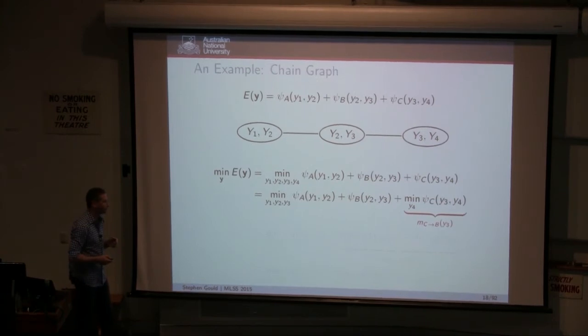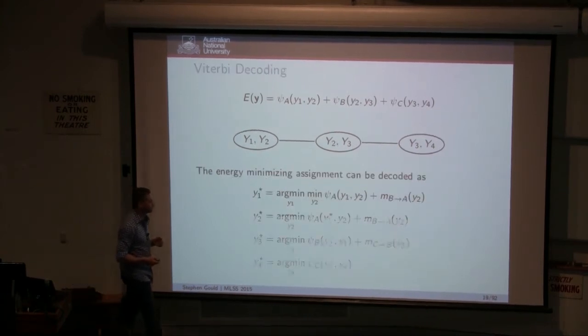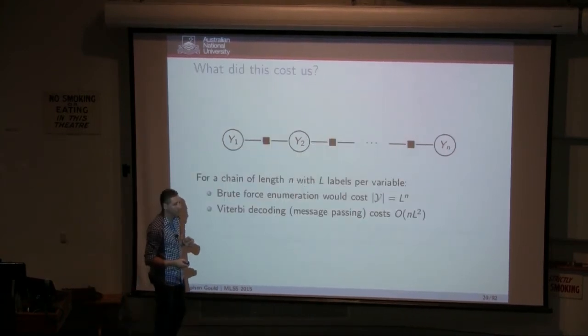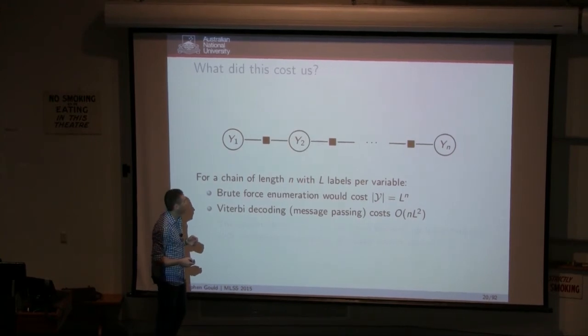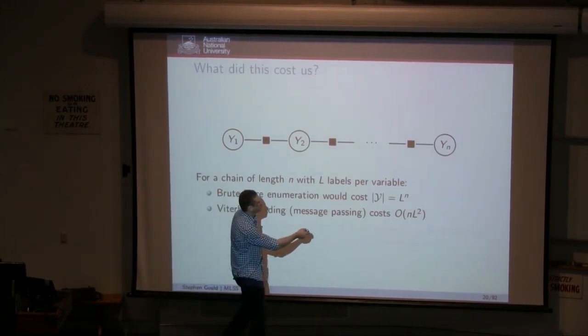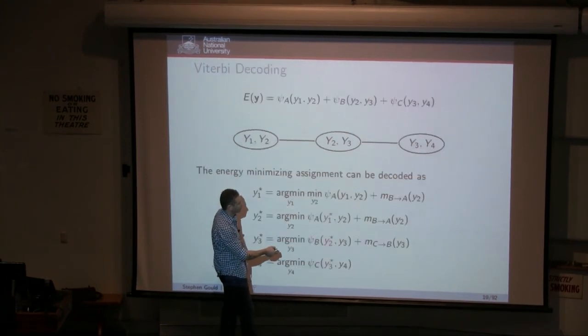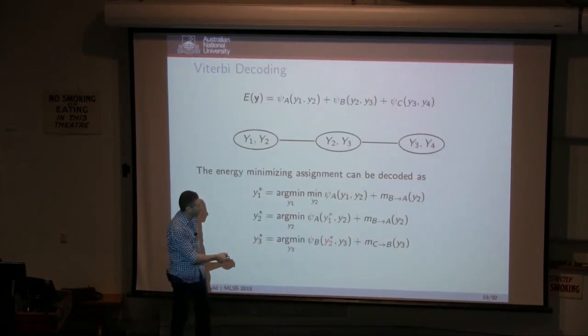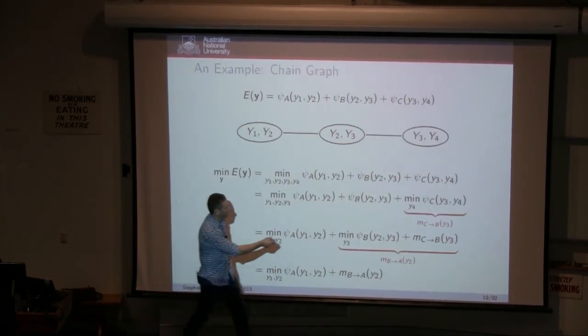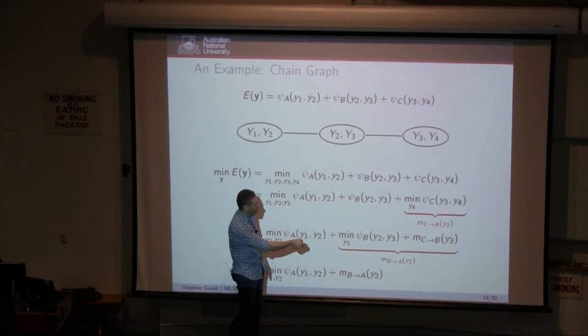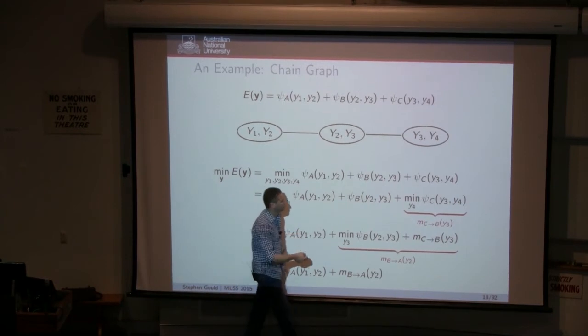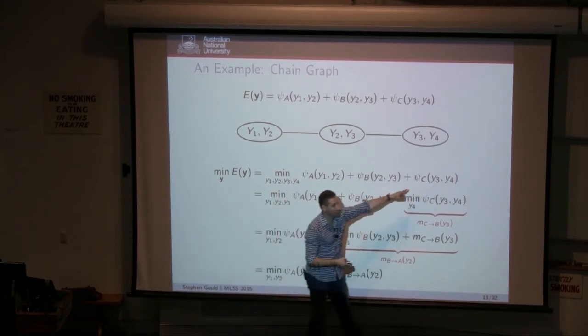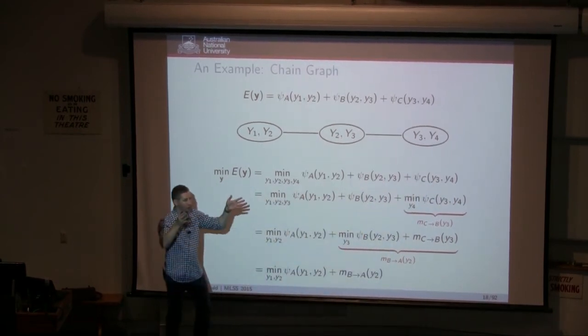Why is the complexity as shown? Why is it n times? So what you have to do, in order to do this minimization, to produce this table takes L squared operations. You have to look at every entry in this table, which is L squared.